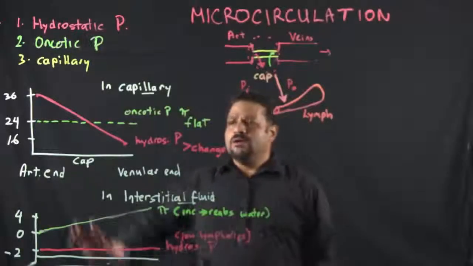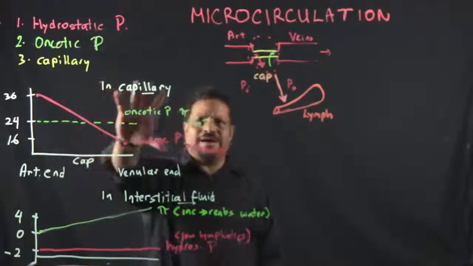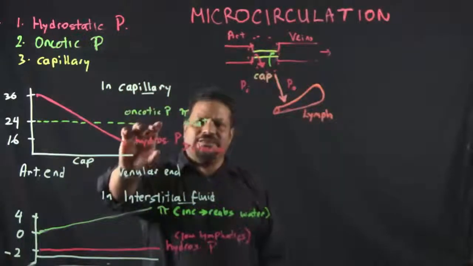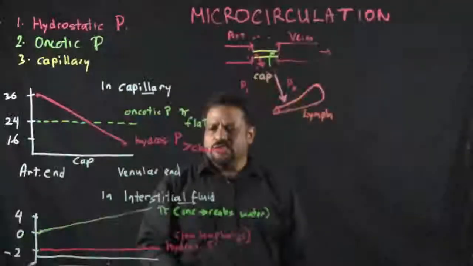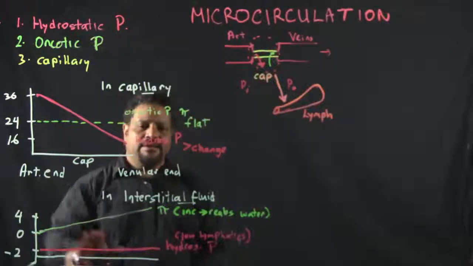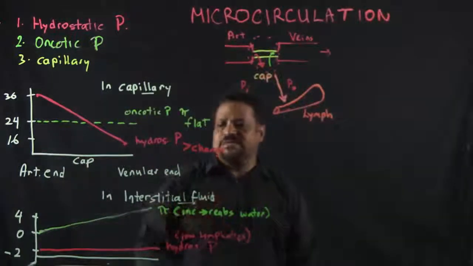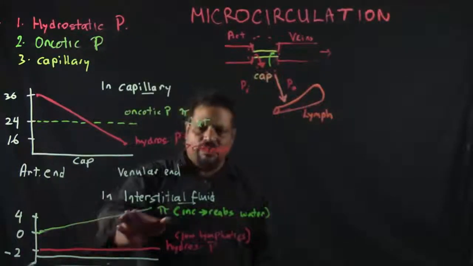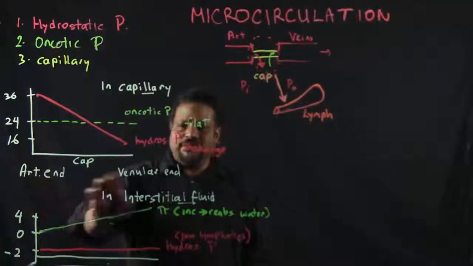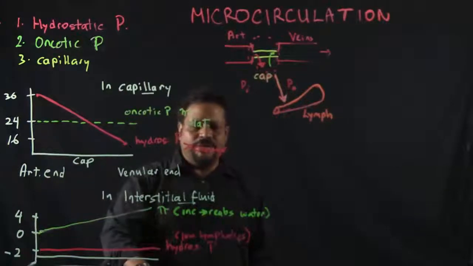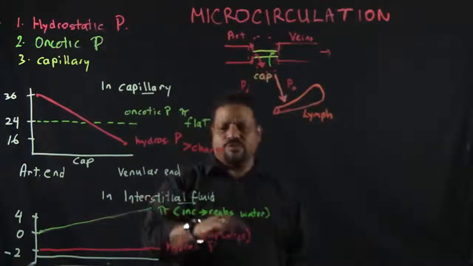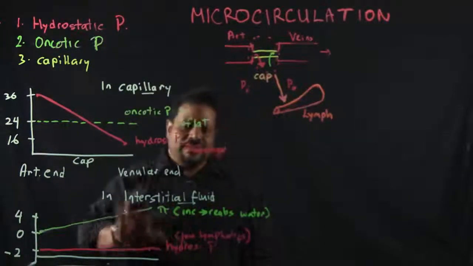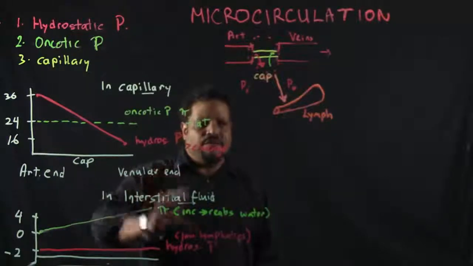So in this top graph, we talked about what happens in the capillaries with the hydrostatic pressure and the oncotic pressure. Let's look at what happens in the interstitial fluid itself. We have an increase in oncotic pressure from the arteriolar end to the venular end of the capillary, because you get water reabsorption, so the protein concentrations in that region of the interstitial fluid increase.